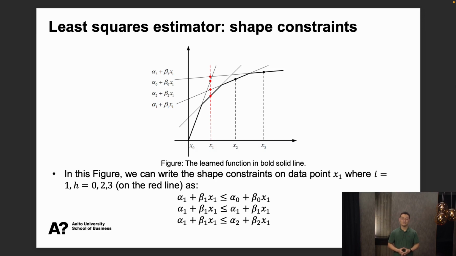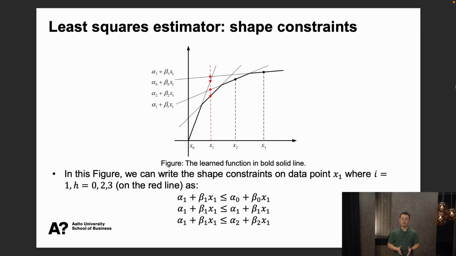In this picture, we can write the shape constraints on data points x_i, where i equals 1, 2, and 3, on the red dashed line. We write the constraints as follows: 3 constraints.